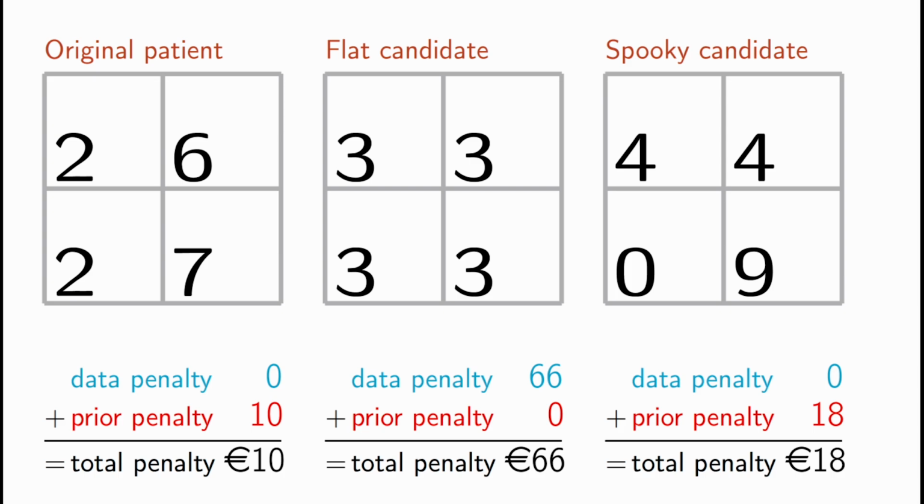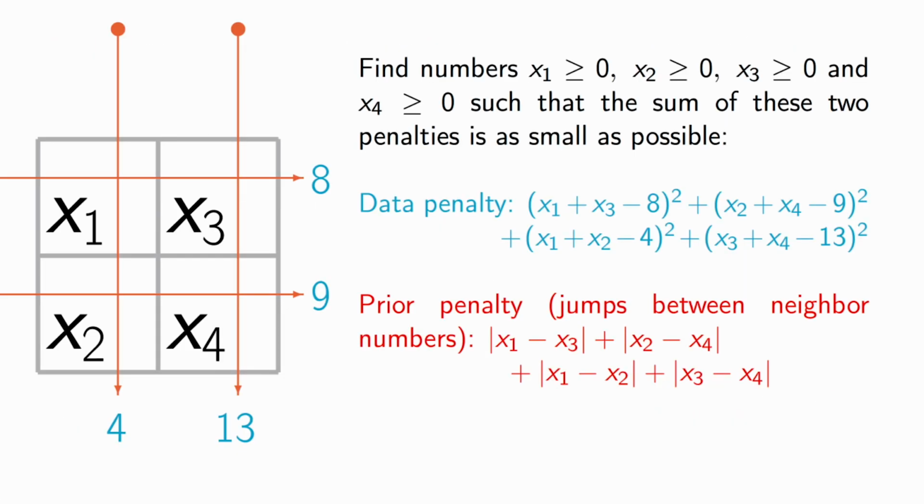We need to calculate the reconstruction from data, whatever it is. We formulate TV regularization as a minimization problem. The unknown pixel values are called x1 to x4, and formulas are written for the two penalties. We must find such values for x1 to x4 that the combined penalty is as small as ever possible.